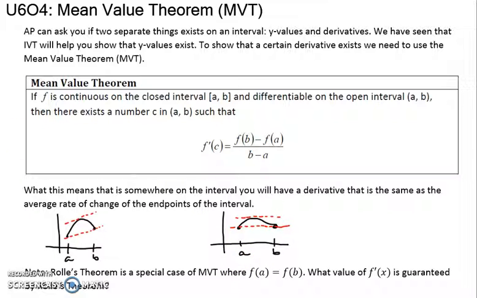So if f of a and f of b are the same thing, then we know that somewhere f prime of x has to equal 0, right? So we can see it graphically here. If f of b and f of a are the same thing, we subtract them, we're going to get a 0 in our numerator, so our derivative is 0. So Rolle's theorem is a very special case of mean value theorem, and that's just going to help us find, or prove rather, that f prime of x has to equal 0 somewhere on our interval.